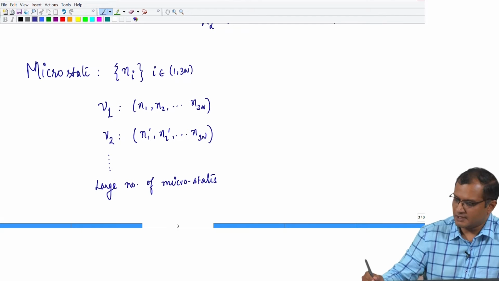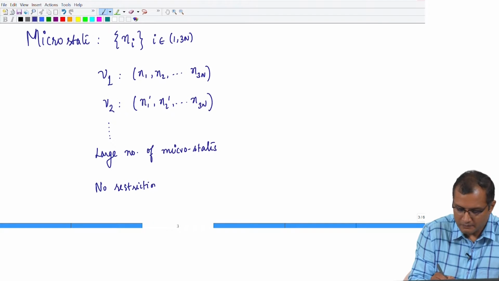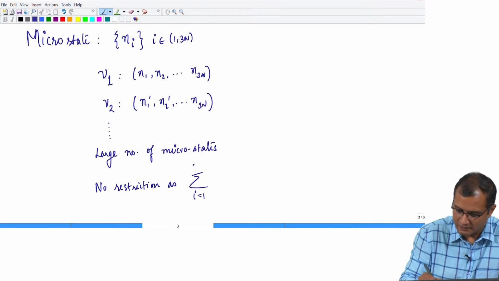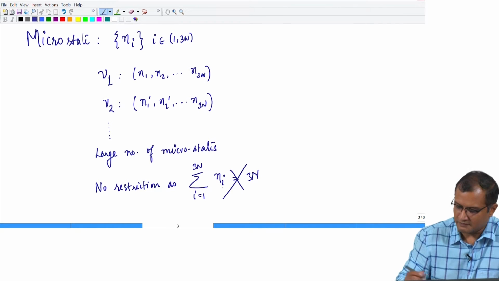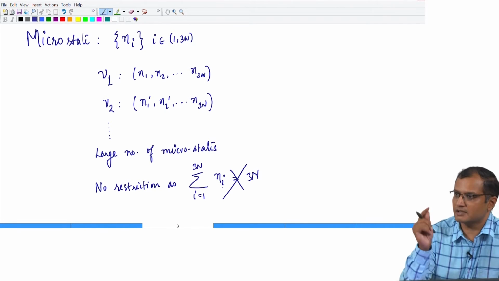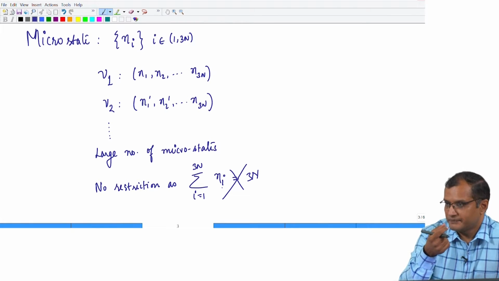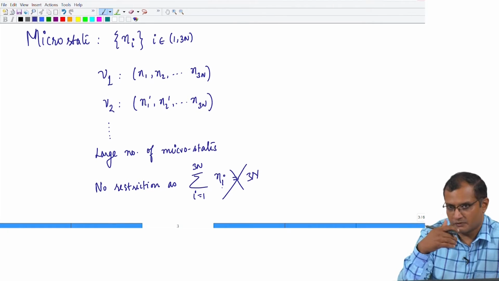There is no restriction here. If your question is that if I sum over all i's going from 1 to 3n, the ni's will be 3n, there is no restriction like this. First of all, ni's are the excitations of the ith oscillator. It could be in any state. In fact, I will take ni's in the following discussion from 0 to infinity.